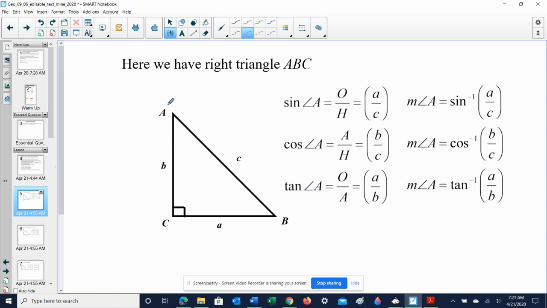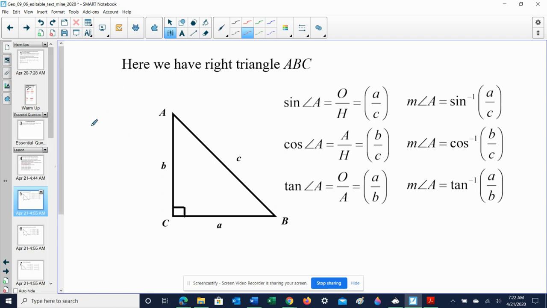The angle A is going to be second cosine of either. Now for cosine, we've got adjacent over hypotenuse and tangent opposite over adjacent. It's a little easier to see if we put some numbers in there. So we're finding the measures of the angles using the inverse trigonometric function.